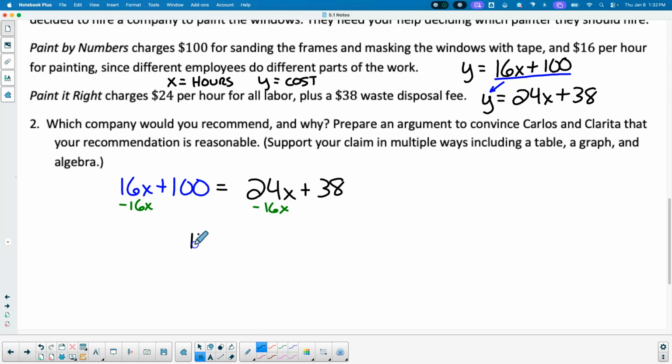That gives me 100 equals 8x plus 38. Subtract 38. Gives me 62 equals 8x. Divide by 8.